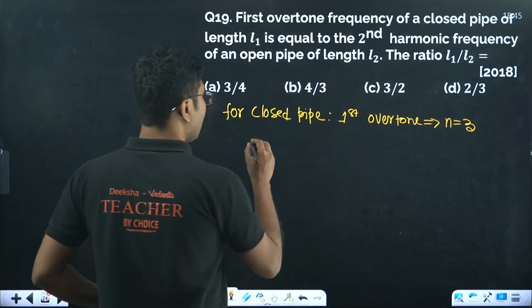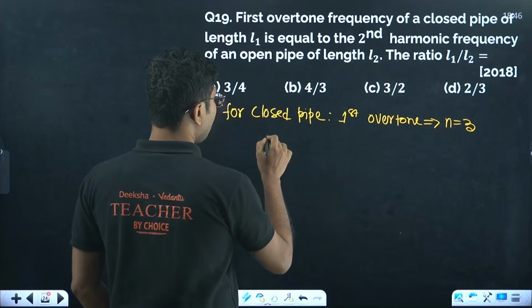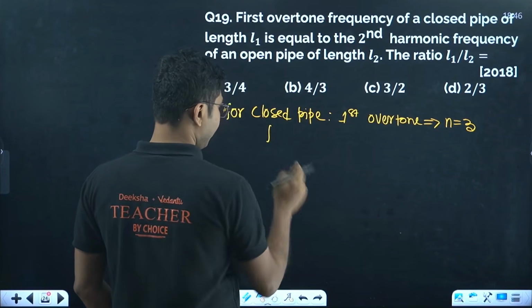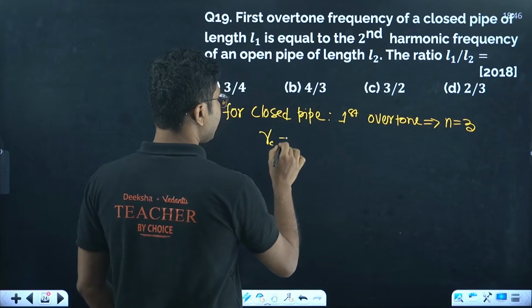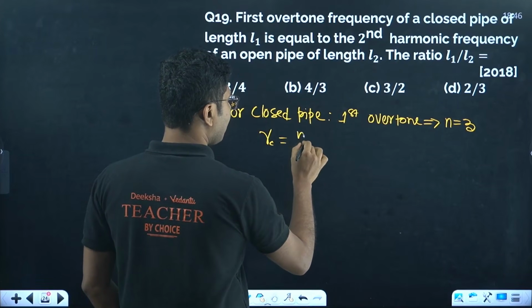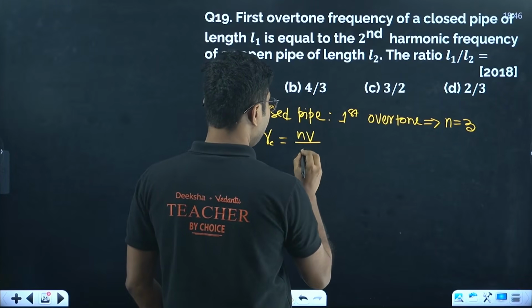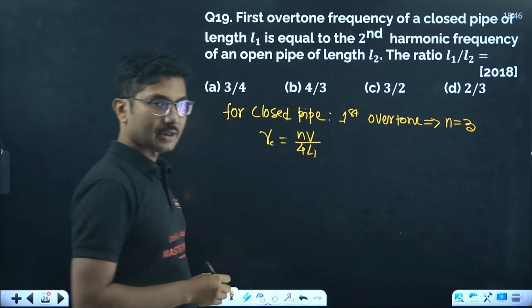Now what is the frequency for closed pipe? Frequency for closed pipe is given by the harmonic number into V divided by 4L. Suppose this is L1 given in the question.